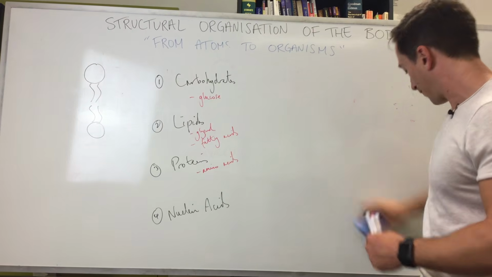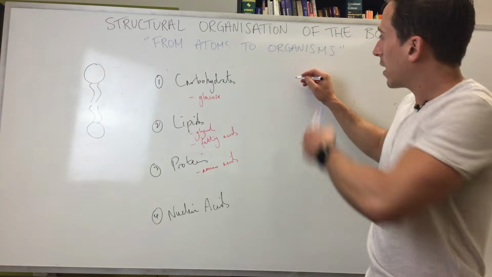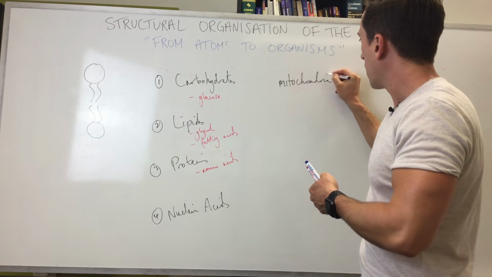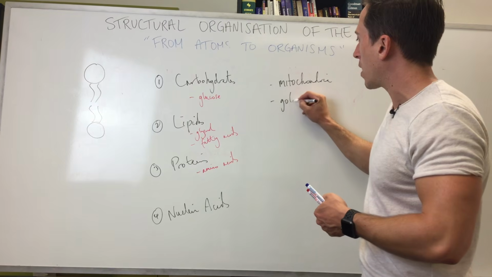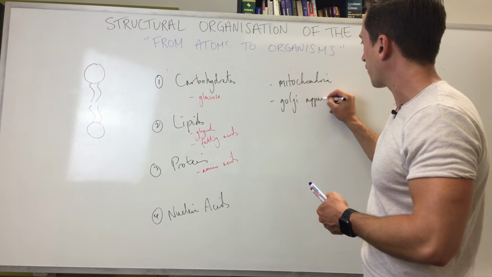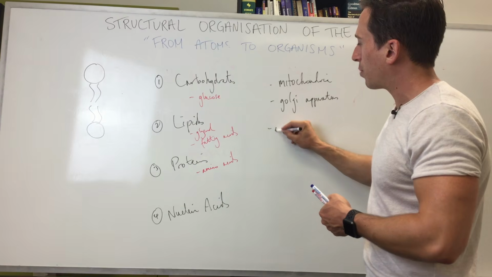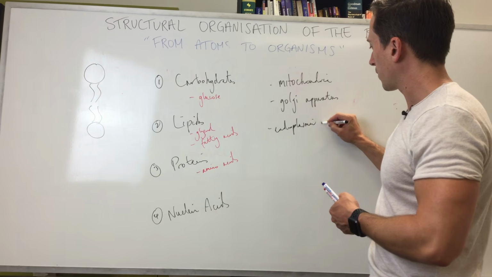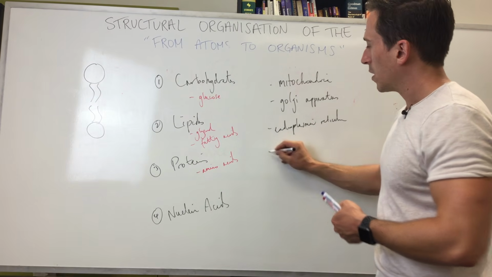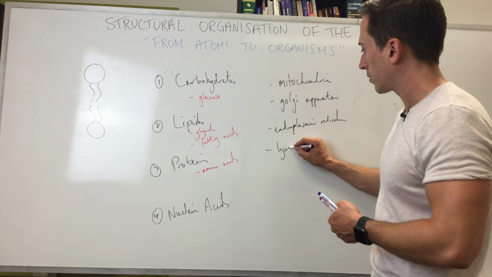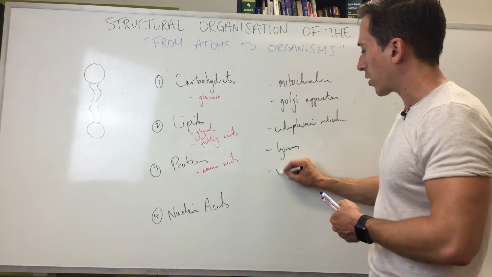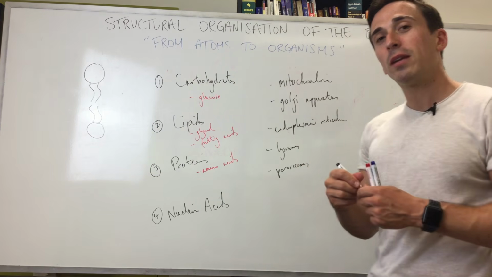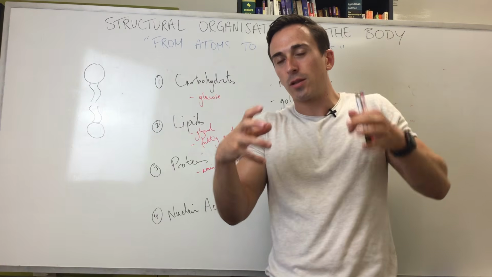So for example, you're going to have organelles called mitochondria, Golgi apparatus, endoplasmic reticulum, lysosomes, peroxisomes. There's so many different types of subcellular structures called organelles.